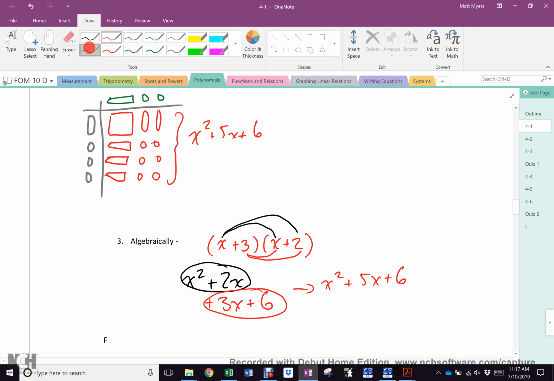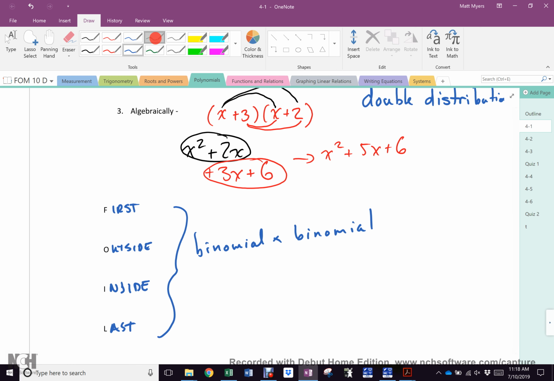FOIL stands for first, outside, inside, last. Which is really, really good for a binomial times a binomial. So we write a binomial x plus 7.